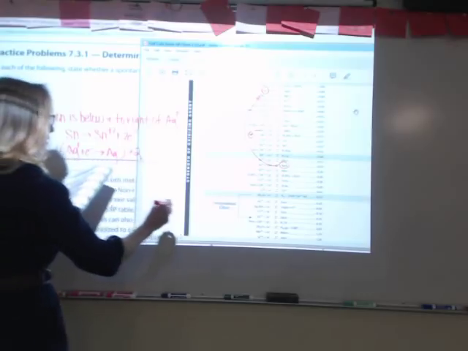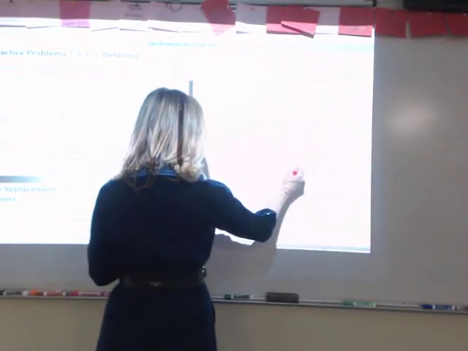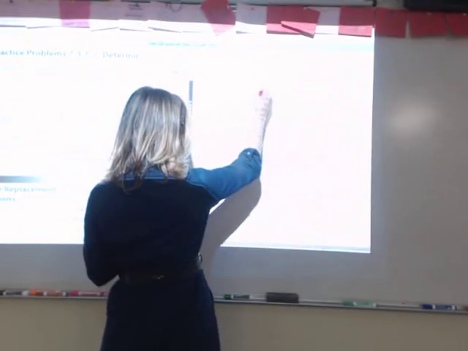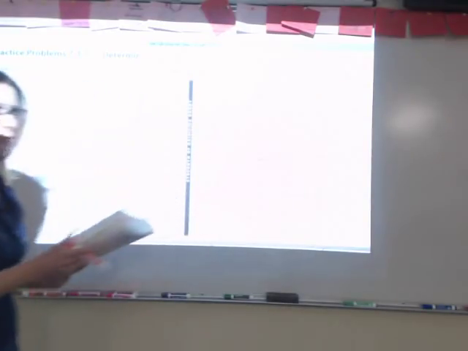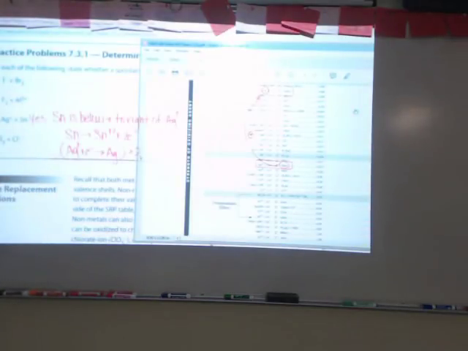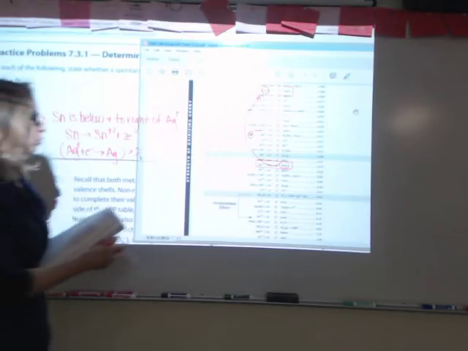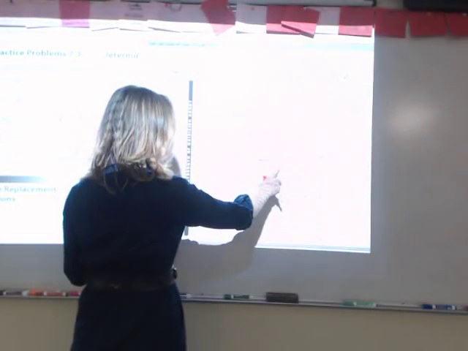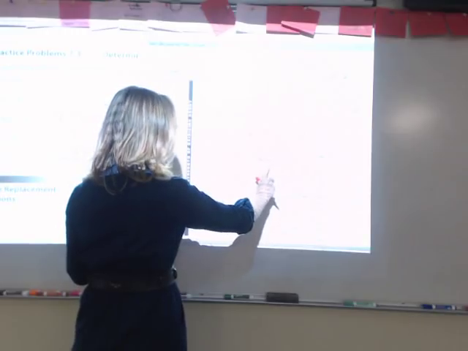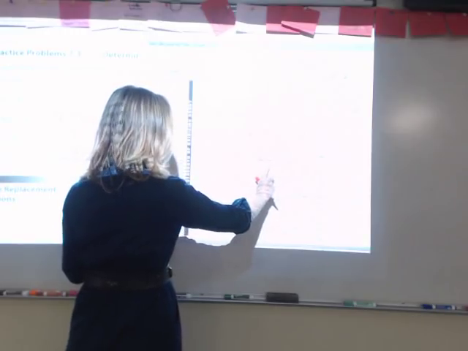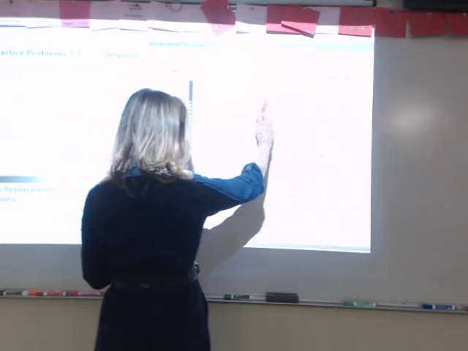Okay, so you guys got yes. So your Sn is below and to the right of Ag plus. So therefore your electrons are going to flow from Sn to Ag plus. And you had to reverse the order of this half reaction for the tin. There were 2 electrons leaving the tin, which means there have got to be 2 electrons going to silver.